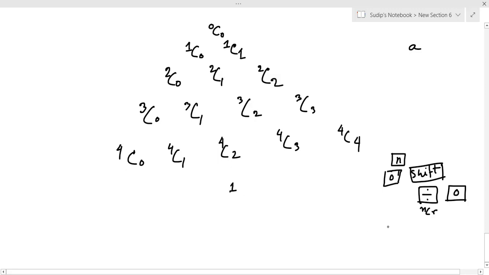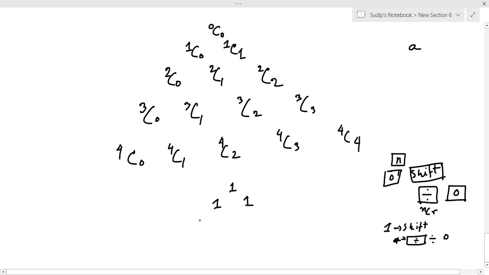Likewise, if you press 1, then shift, then division button, then 0, here also you will get 1. If you press 1C1, then also you will get 1.